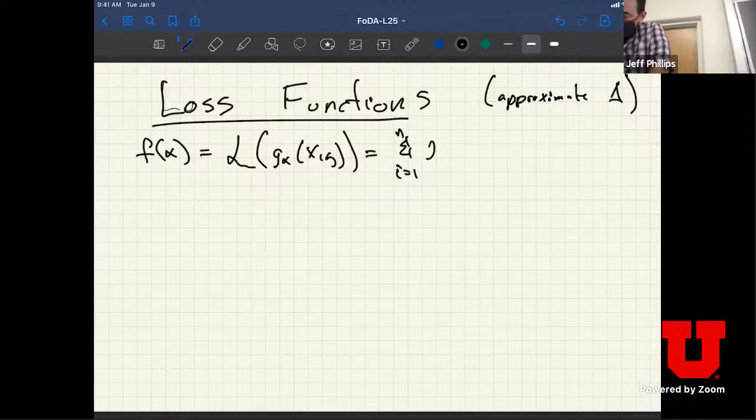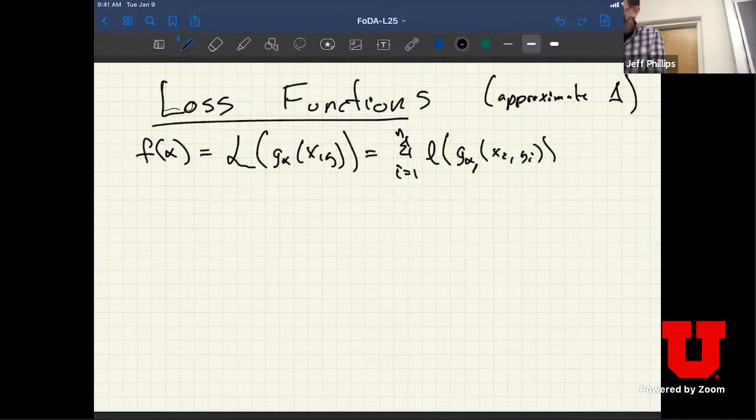I'm going to have a lowercase l loss function here of g of alpha, x i, y i. So I'm going to have this g function, which gives me a sign based on x i, and y i.